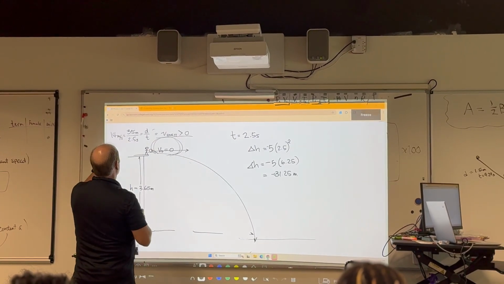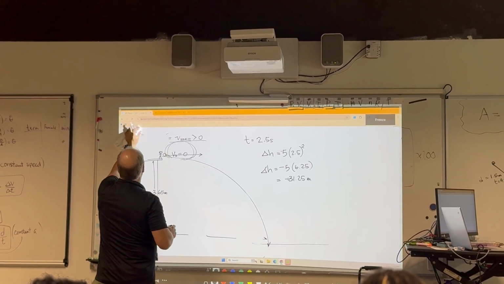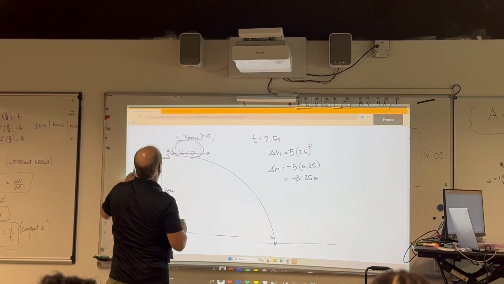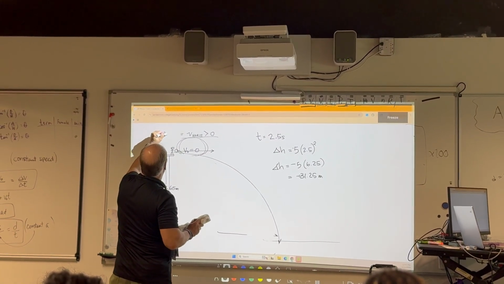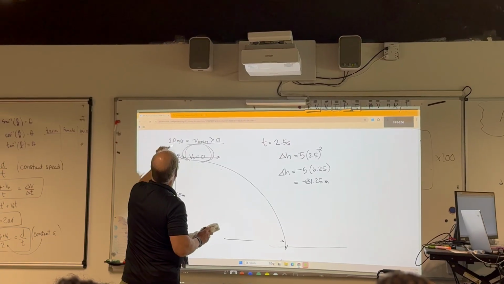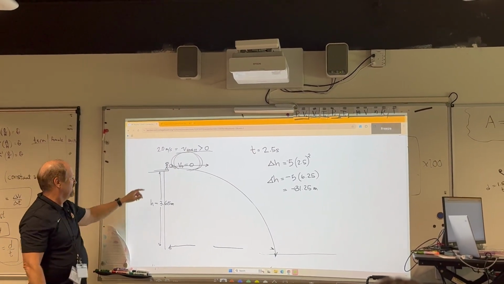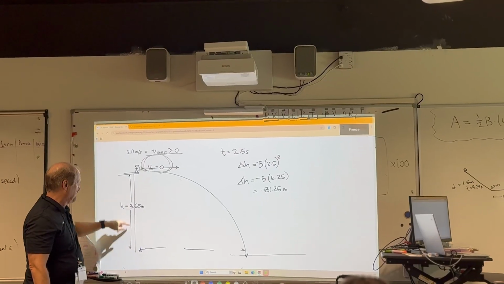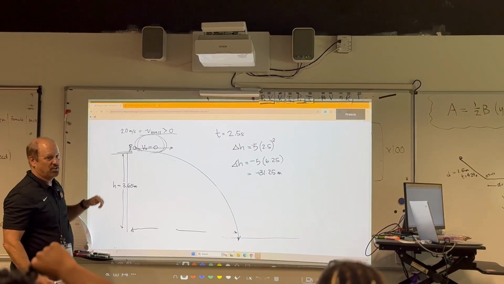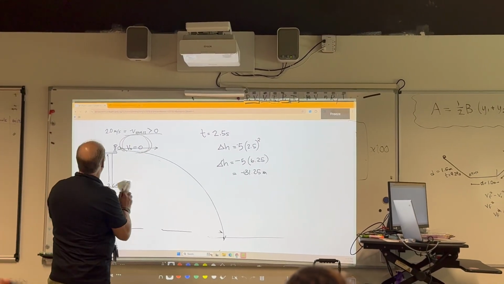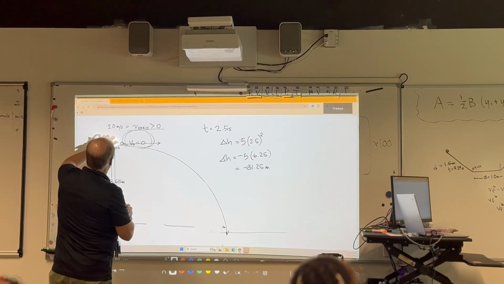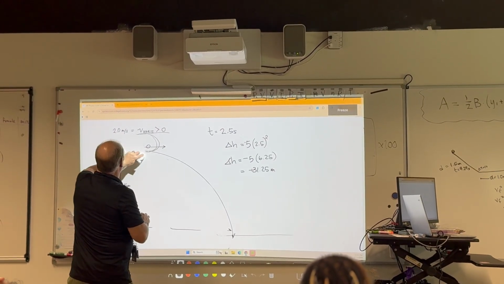Let's let our horizontal velocity be 2 meters per second. So now we've got 2 meters per second horizontal velocity. We're 3.65 meters up. This is not drawn to scale. Matter of fact, instead of a person throwing it, let's just let it be a ball that rolls off.